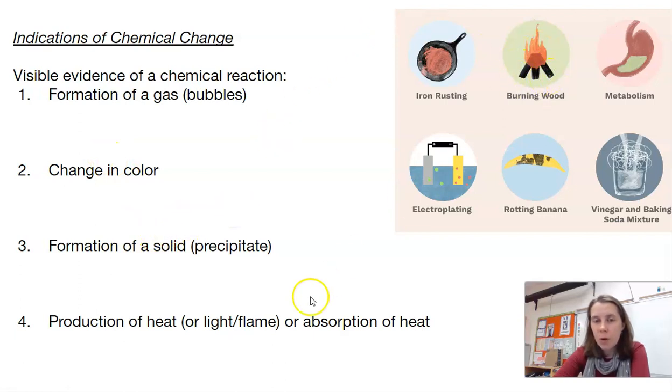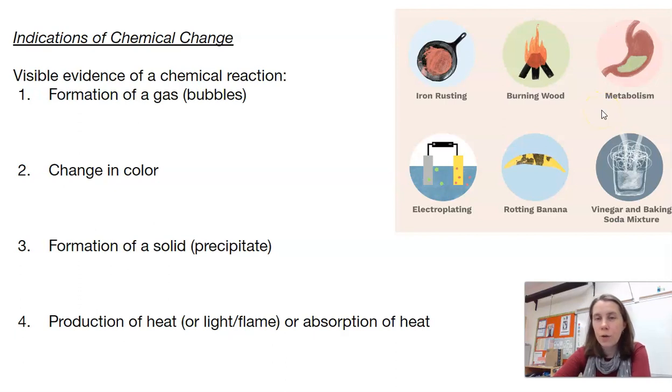Burning wood. All right. We definitely get a color change when that happens. New gases are formed, although you can't see them as well because there's not bubbles in the same way that there would be if we had a liquid reaction. And we definitely produce heat and light. Okay, so lots of ways to tell that burning is a chemical change. Metabolism. This is basically digestion of your food.